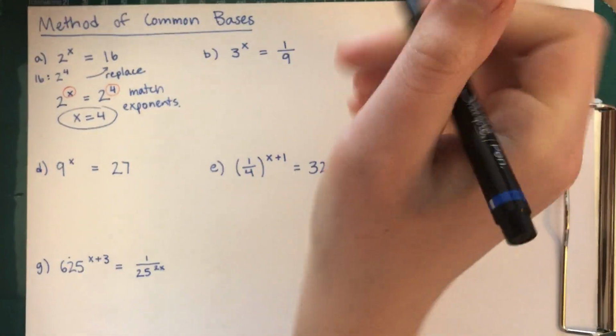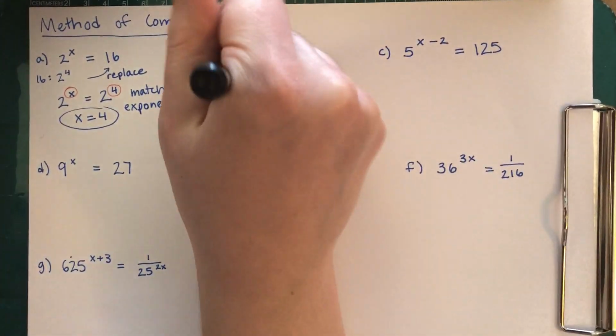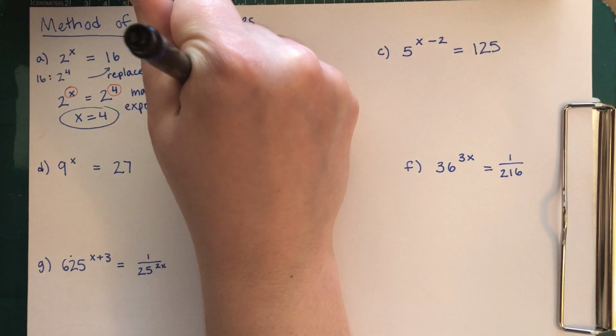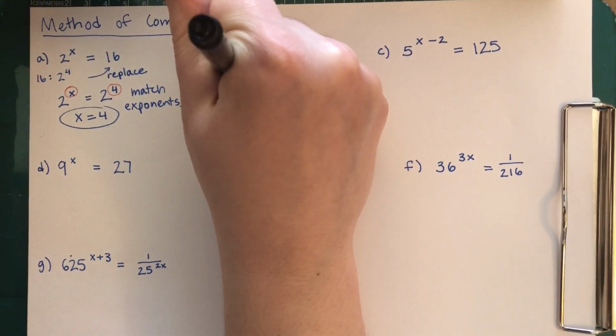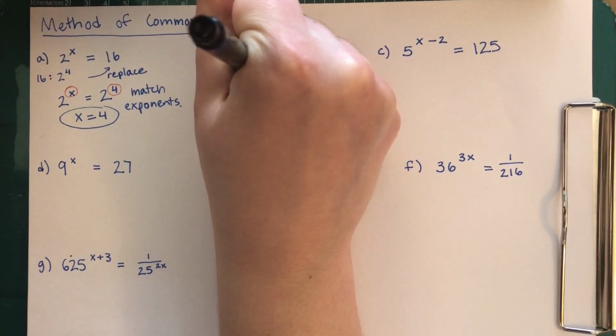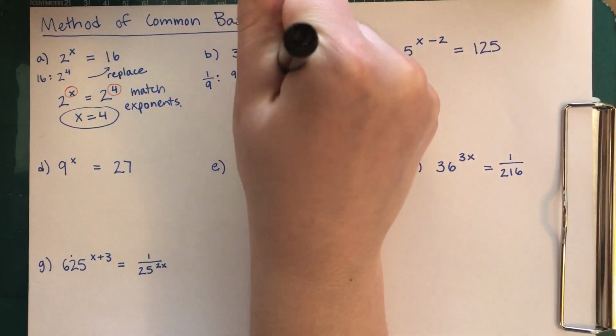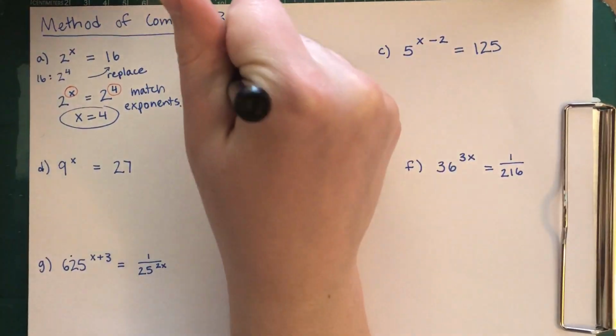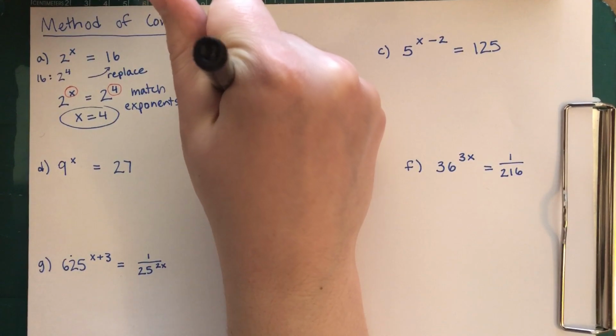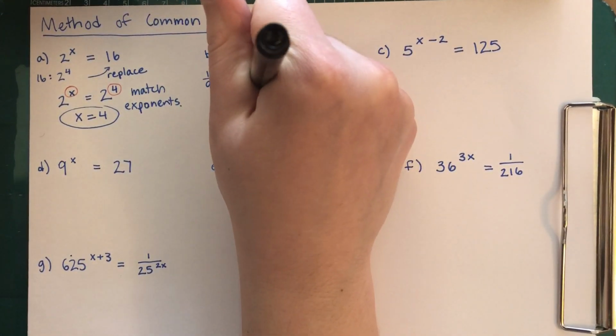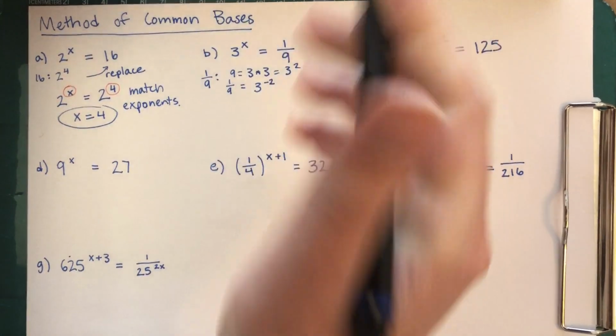All right, let's see another example. Now, 1/9, 9 is 3 times 3, so 3 squared. 1/9 then is 3 to the negative 2.